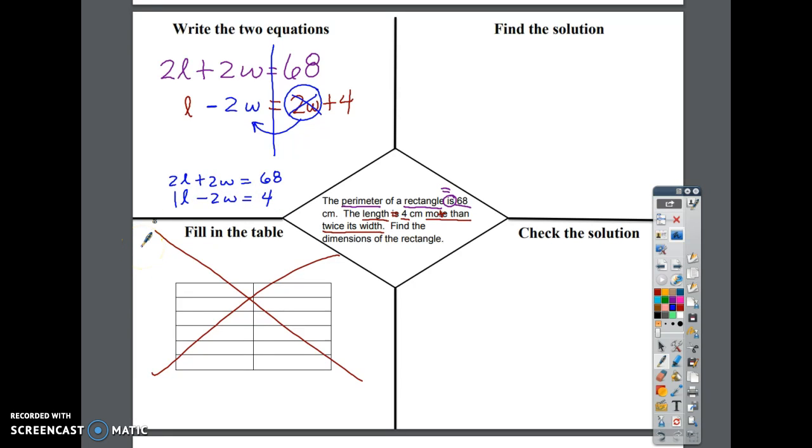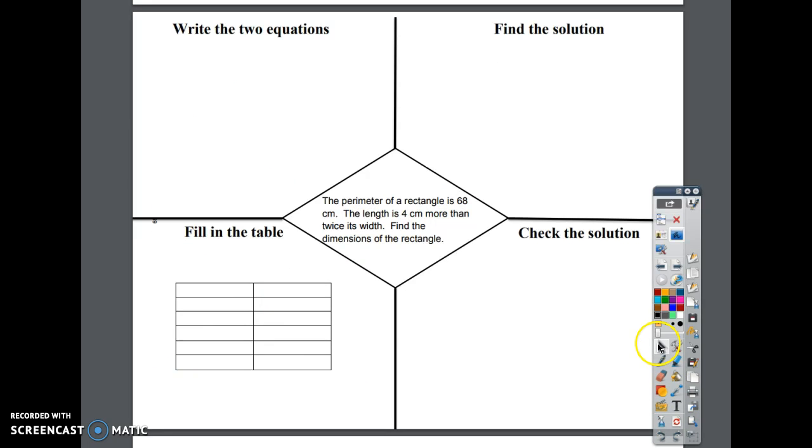So now I can put this in matrix and find the solution. Okay? Find my solution. So let's go ahead and find the solution for this one in the calculator.